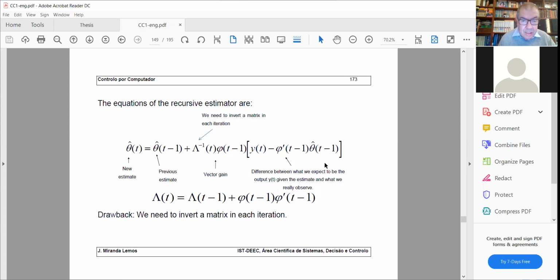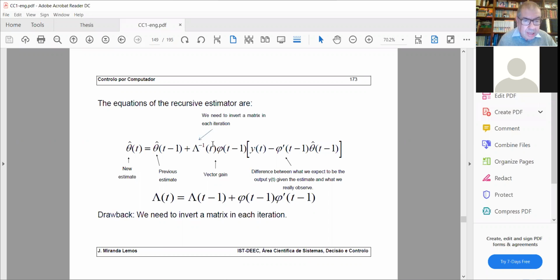If the previous estimate were correct and you had no noise, then this would be 0, because this would exactly be y of t. But if you have some estimation error, then you will have some non-zero value as the result of the operation between the square brackets, and you modify this non-zero value by a gain. This is a vector gain, because lambda inverse is a matrix and you're multiplying by a vector.